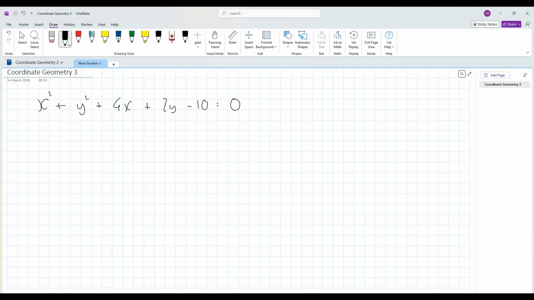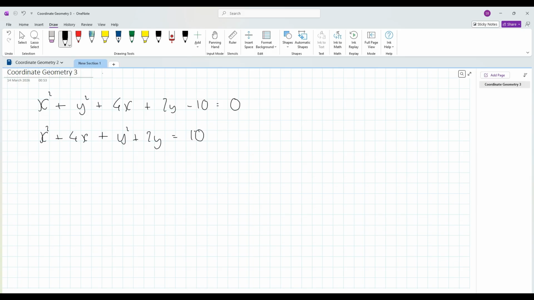Let's collect the x terms together and the y terms. So x squared plus 4x plus y squared plus 2y, and let's add 10 to both sides of the equation, giving this equation equaling 10.